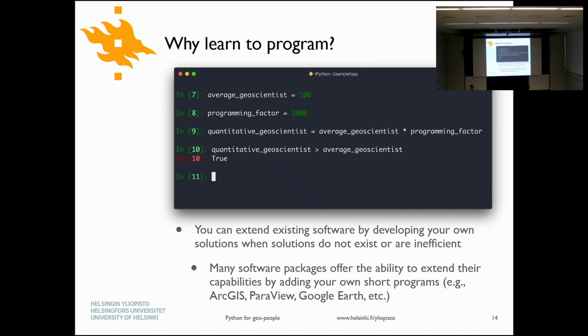So you can add functionality to, for example, ArcGIS or ParaView or Google Earth or QGIS with a bit of coding. You have the interface that you're familiar and comfortable with, then you can just add a couple of lines of Python to, for example, automate a process, so a certain tool in QGIS would just run repetitively.